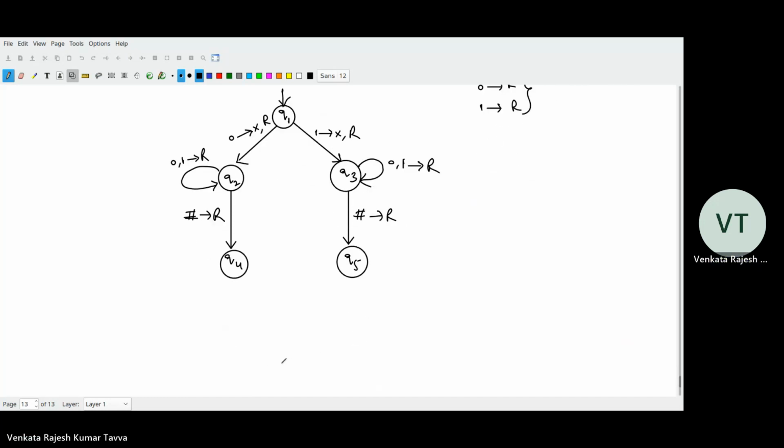Now, when I'm in the second half, what should I do? I should skip all the crossed symbols and reach the first uncrossed symbol. If that first uncrossed symbol matches the previous uncrossed symbol that I saw in the left half, then I should go ahead. So here I should again skip all the crossed symbols. Similarly here.